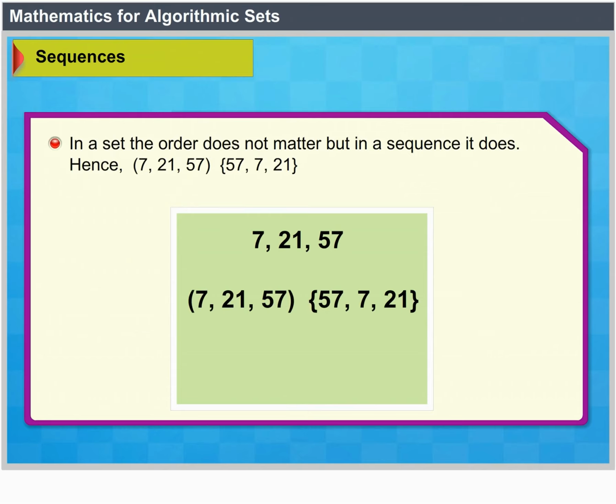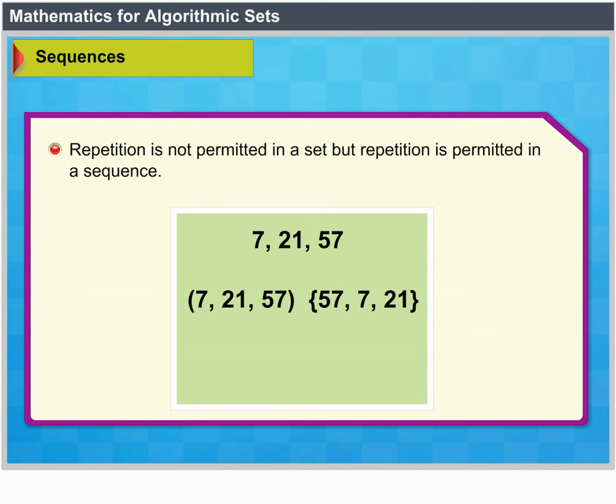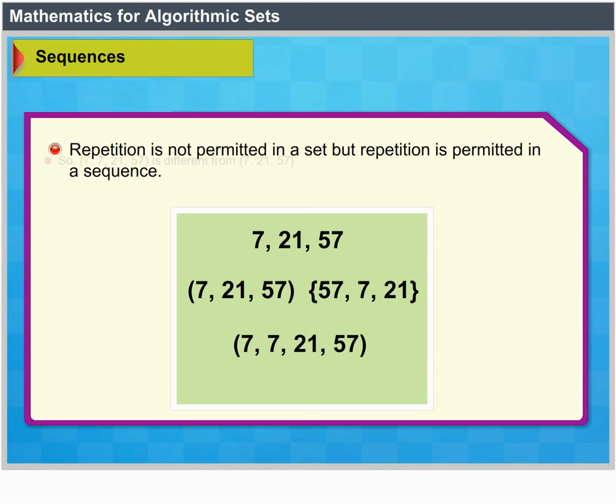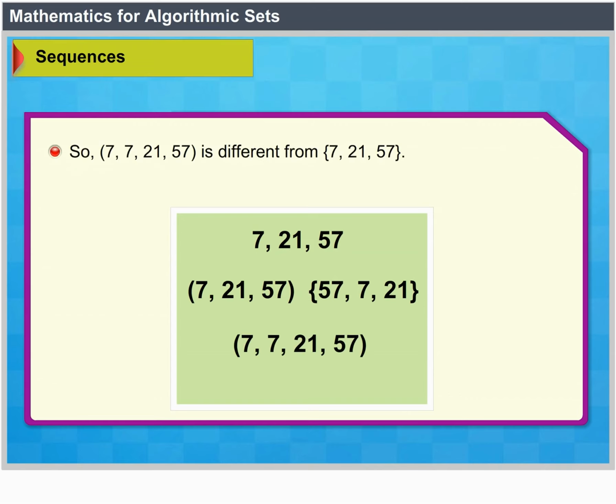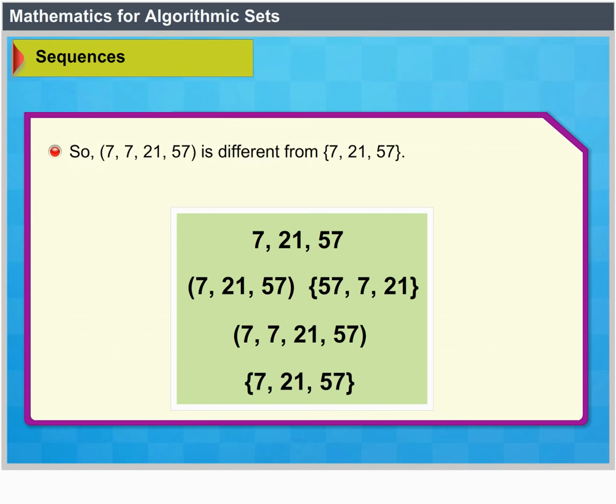Hence, (7, 21, 57) is not equal to {57, 7, 21}. Repetition is not permitted in a set, but repetition is permitted in a sequence. So (7, 7, 21, 57), represented within parentheses, is different from {7, 21, 57}, represented within curly braces.